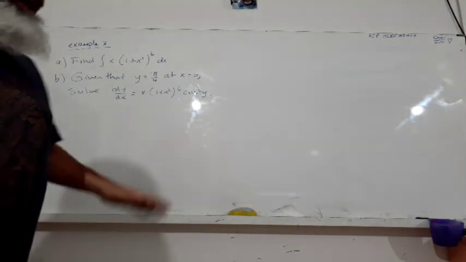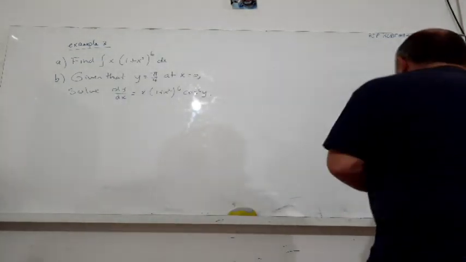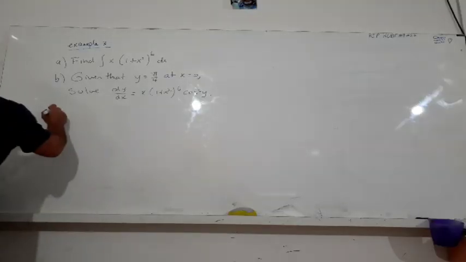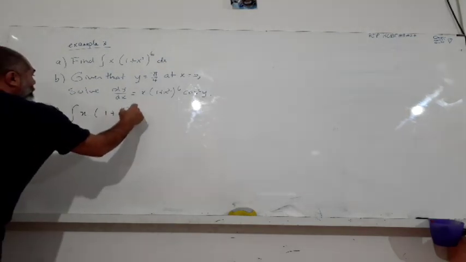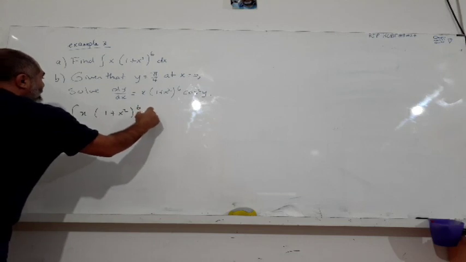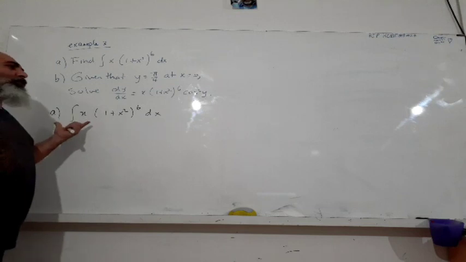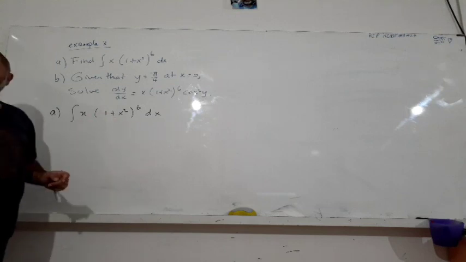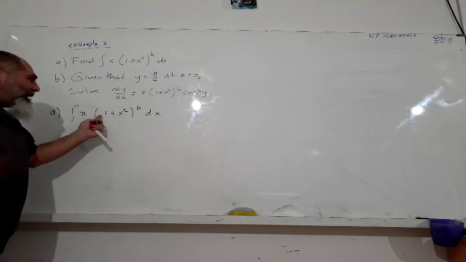So, for part A, we have the integral of x times (1 plus x squared) to the power of 6 dx. Here, it looks like we can use integration by parts because we have x there. But as you see, the derivative of 1 plus x squared looks like the x there.